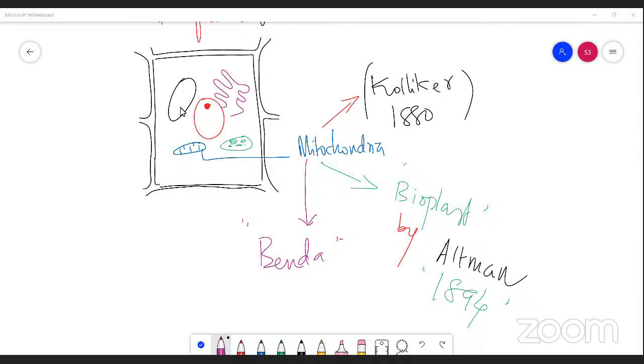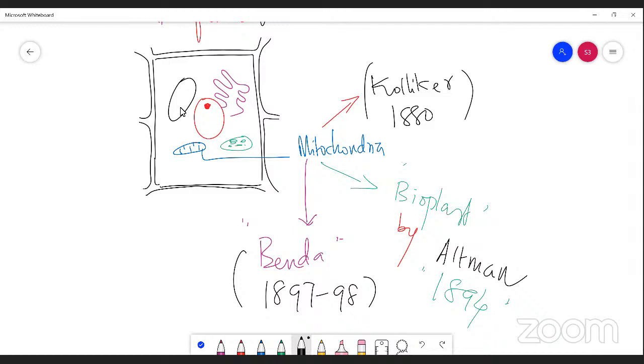Right. Actually, Benda named it mitochondria instead of bioblast, right? So the name mitochondria was given by Benda in the year 1897 to 98. Just imagine, there are three things that we have discussed. The first one is the powerhouse of the cell, I mean mitochondria.